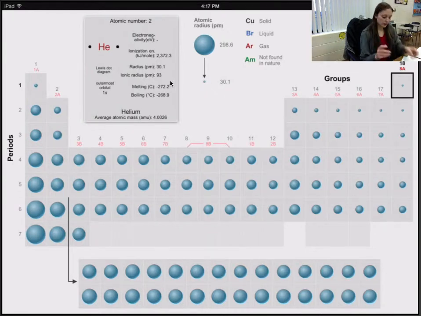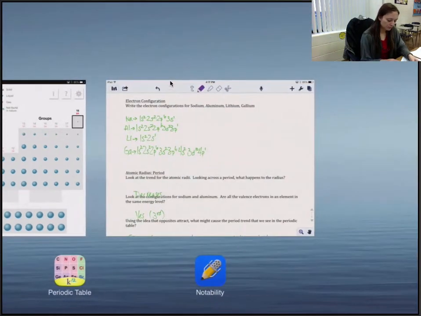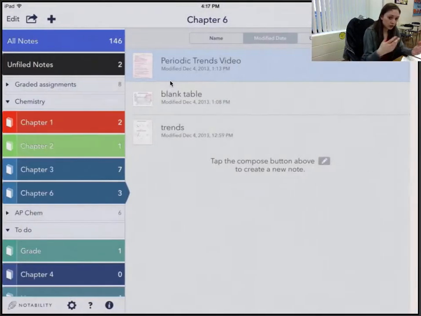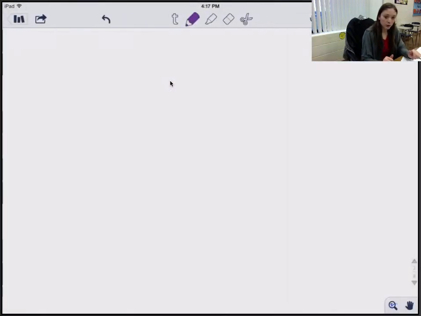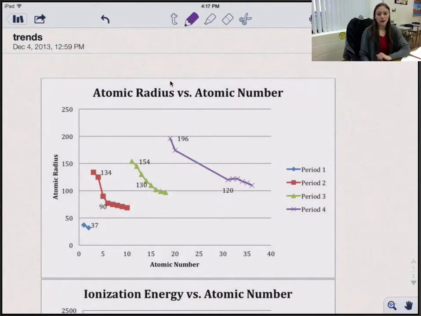You could look at the same thing in a different way to represent that, which would be with this. This is a graph of each period. Each period is a color, and they go by atomic number on the bottom and atomic radius up the y-axis. So 1 here would be hydrogen, 2 would be helium, then we go lithium across the period, so I'm going to go lithium to neon.